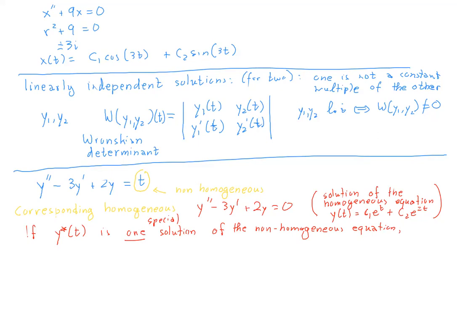then the sum of the general solution of the homogeneous plus the special solution of the non-homogeneous. So again, I repeat, this is the general solution of the homogeneous. And this is the special solution of the non-homogeneous.